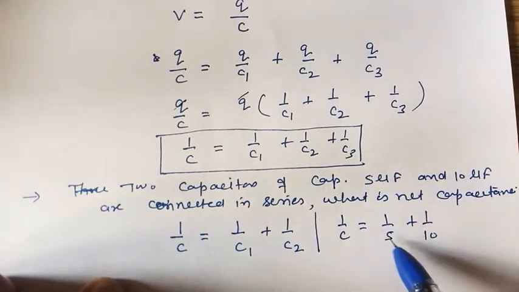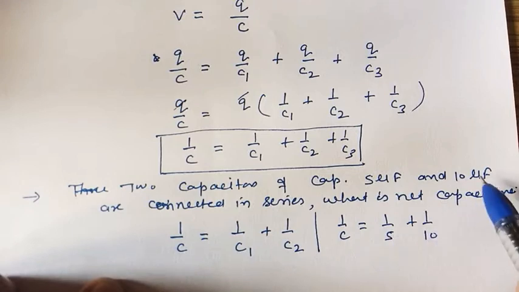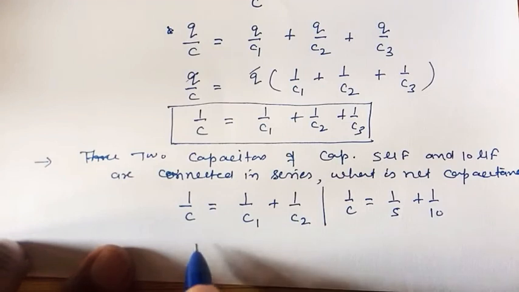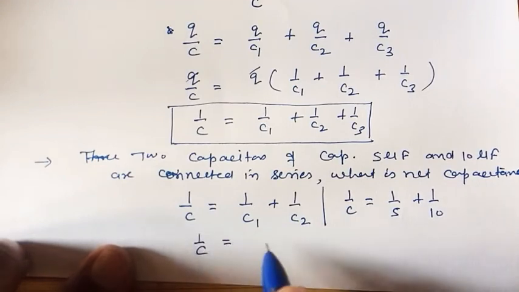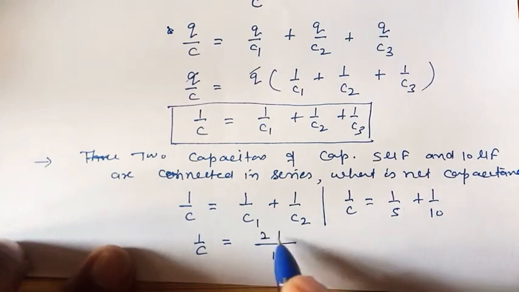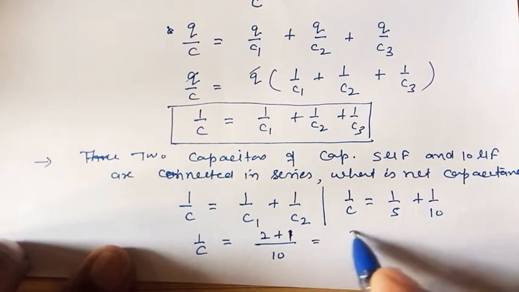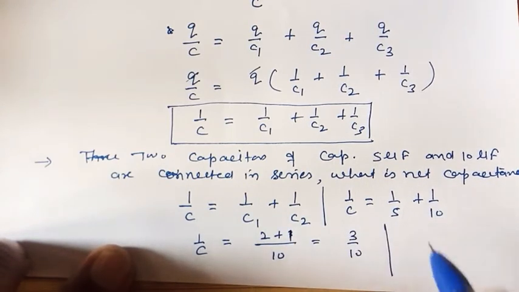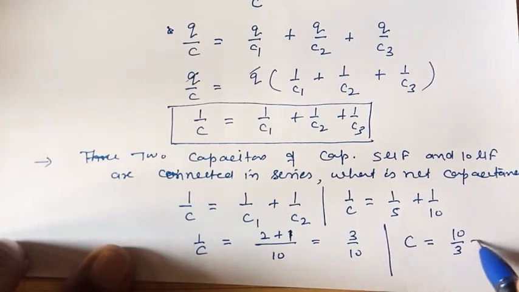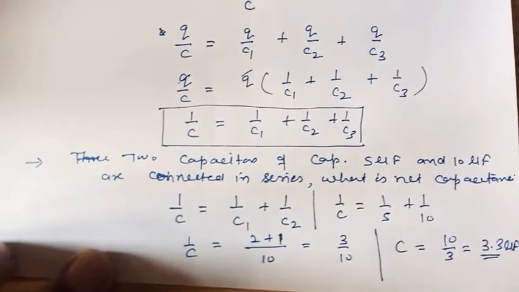First capacitor is of 5 microfarad, second is of 10. So 1 upon C equal to, take the LCM, it will be 10. So 2 plus 1, 3 over 10, or net capacitance C equal to 10 upon 3, that is 3.3 microfarad.